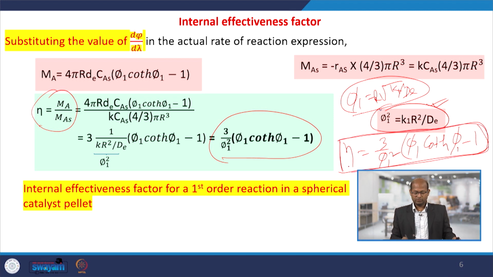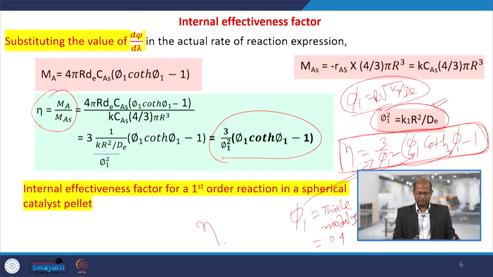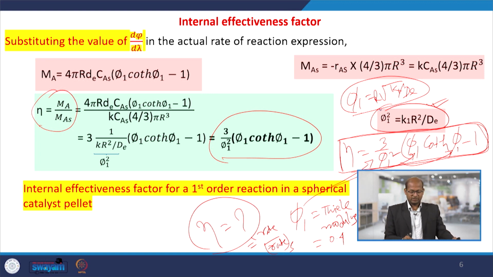So, if we know the value of the Thiele modulus, say 0.4, we can substitute it here, simplify, and find the eta value. Eta is the effectiveness factor, the ratio of two rates: the rate at surface conditions and the overall rate. It has some value, say 0.9 or 0.8.